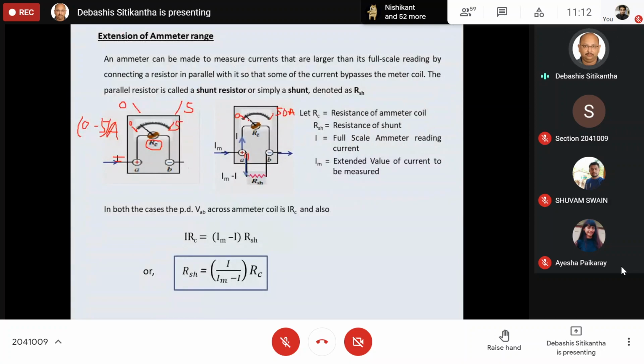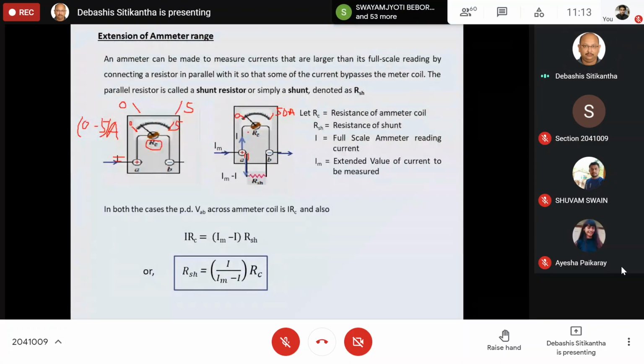Now, you will see that in this case, the potential difference across the ammeter is equal to the current multiplied by the ammeter coil resistance, and this is equal to I RC. Similarly, in the second case, where we have made the modification by connecting this shunt in parallel to extend the range, here also the potential difference across the same ammeter coil should be the same.